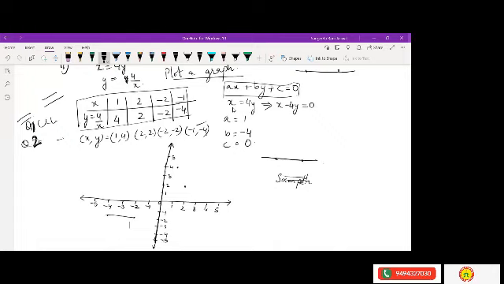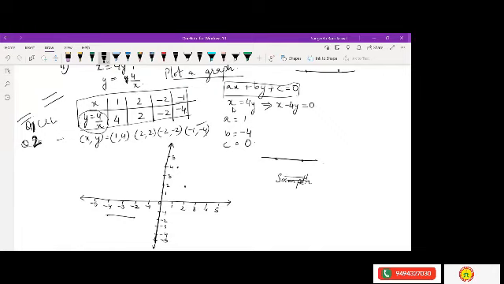Just plot the points. If you take y as 1, you get your x as 4 here. If you take your y as 2, you get your x... we are taking it this way. This is not the linear form way.